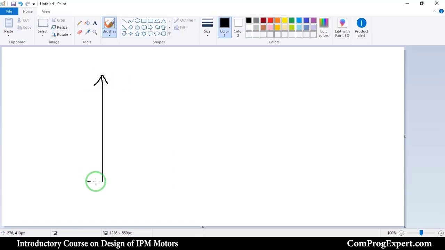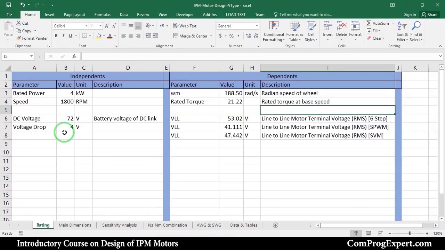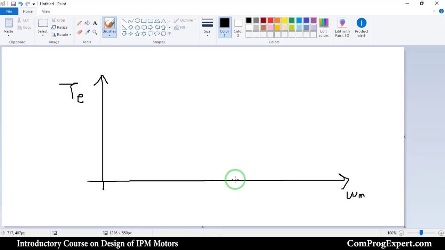This is the torque-speed plane: mechanical torque, electrical torque versus mechanical speed. And this is the rated output power and the rated speed. So let me plot, for example, there.